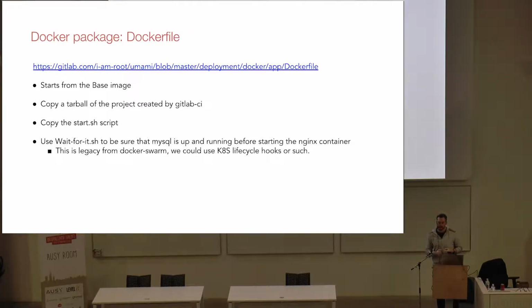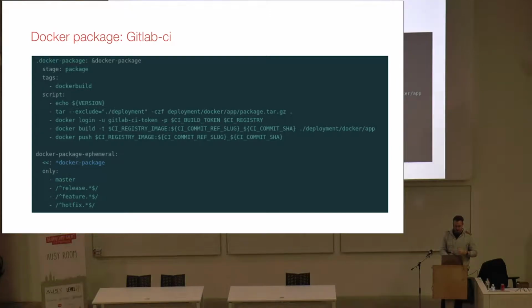In Kubernetes, we should be able to use the Kubernetes lifecycle hooks to make this work. So how does this look in my gitlab-ci.yaml file? You can see I'm on the Docker package stage. I create a script, I create a tarball of my project.